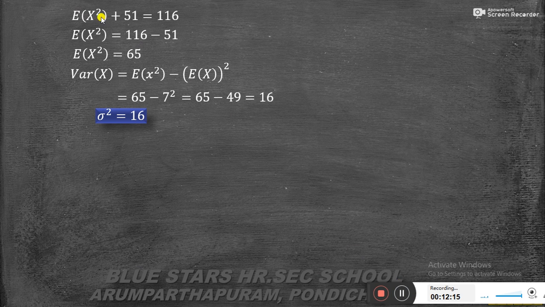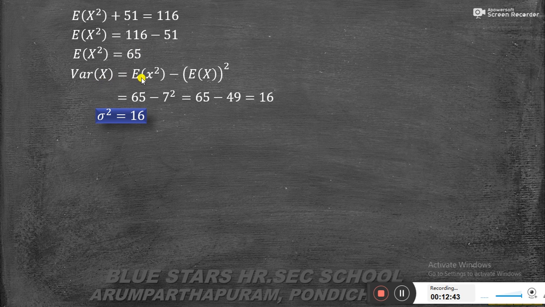We already know the expectation of x value, so we substitute it: expectation of x square plus 51 equal to 116. We needed the expectation of x square, so expectation of x square equal to 116 minus 51 equal to 65.